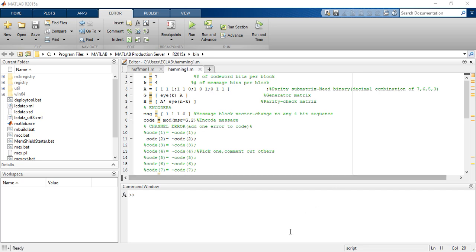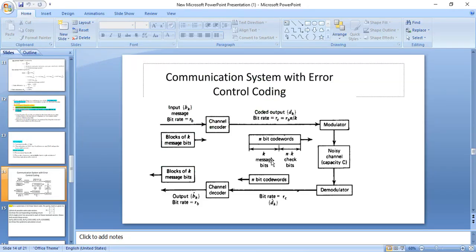So suppose the block code is represented as (n, k). I'll show you the block diagram. This is the communication system with error control coding. So Hamming code is an error control coding. It will detect and correct a single bit error.